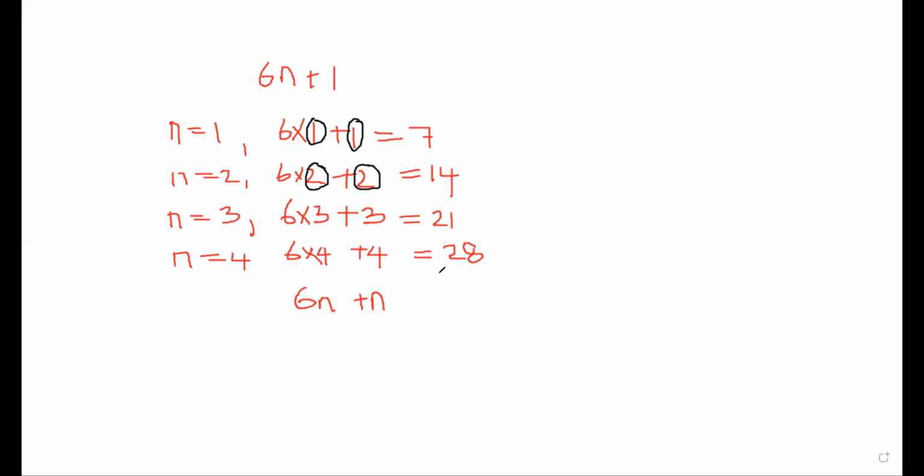So when you say 6 times 1 plus 1, 6 times 2 plus 2, 6 times 3 plus 3, the general thing you are doing is 6n plus n, because you keep substituting the natural numbers where there is n. But 6n plus n is basically 7n. You get it? So it's as good as saying you keep adding 7.